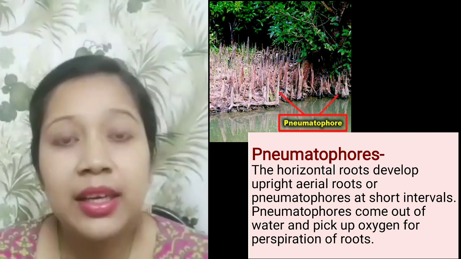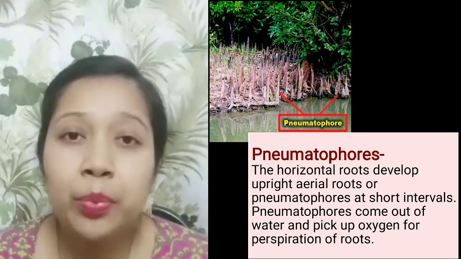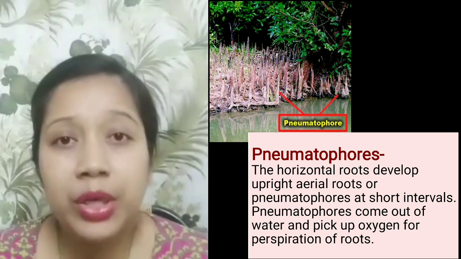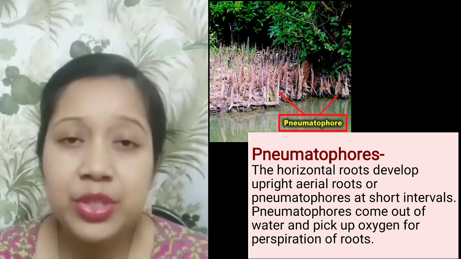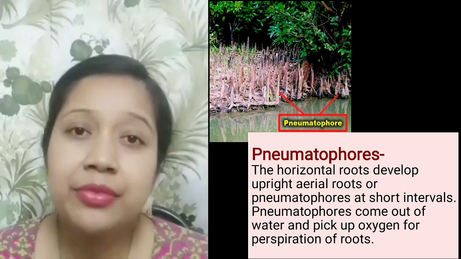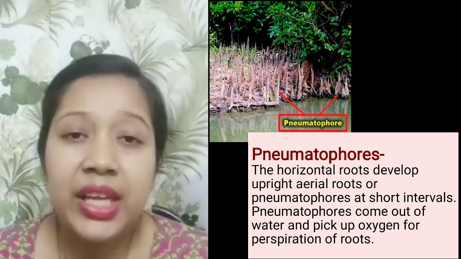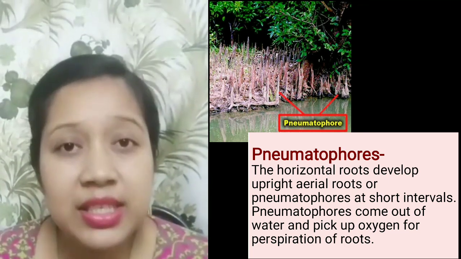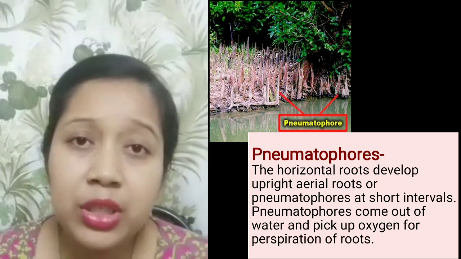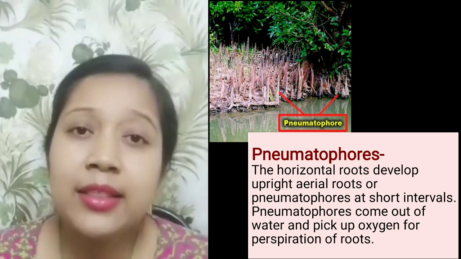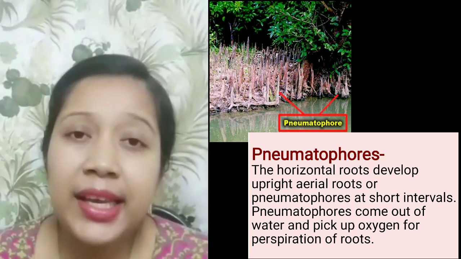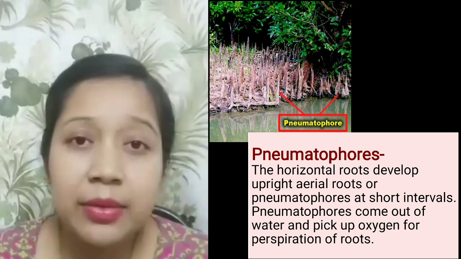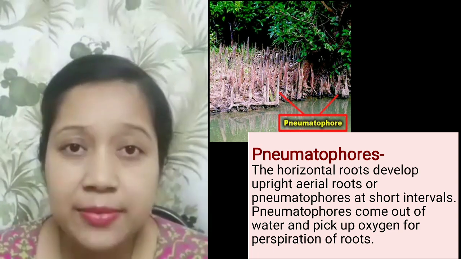In that, what they do is point their root tips out of the water level. So in the diagram, as you can see, they have made their roots come out of the water. That means it is the root tip that comes out of the water level, and the root tips help in the process of respiration, that is, for the exchange of gases.